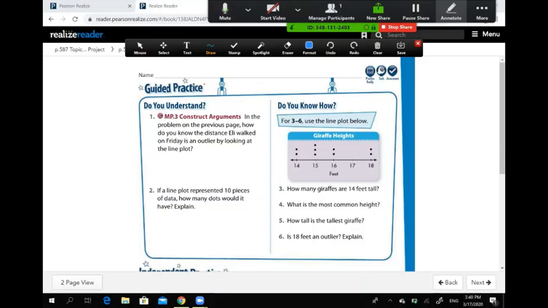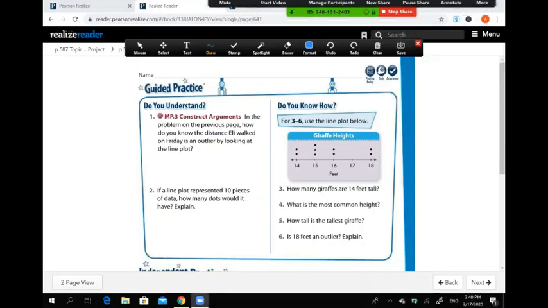This line plot is talking about giraffe heights. We have from 14 feet to 18 feet. How many giraffes are 14 feet tall? As we can see, at 14 feet, we have 2 giraffes.